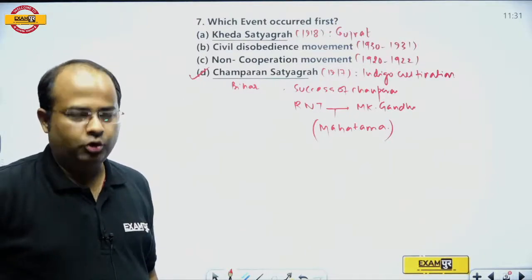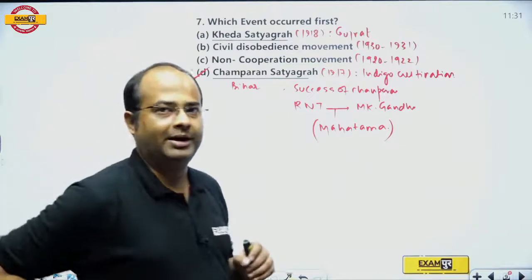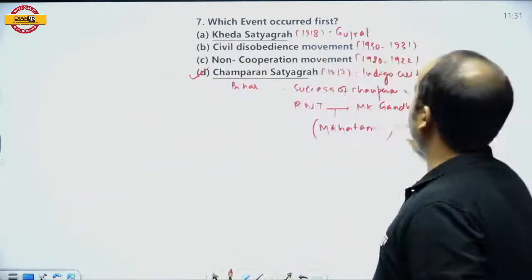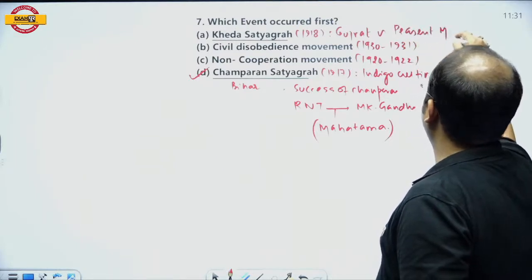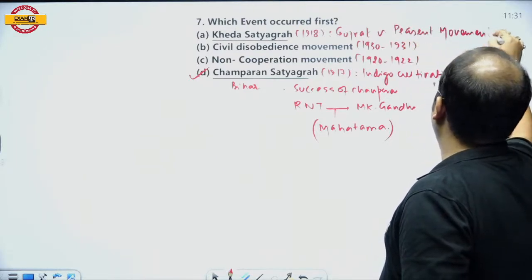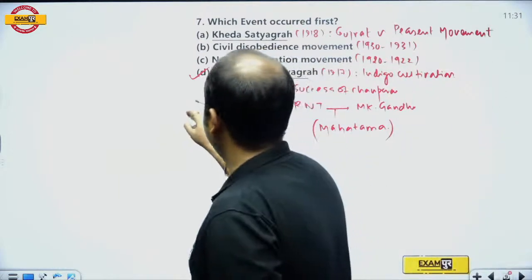Kheda was a peasant movement. You should note it down, guys. It was a peasant movement, and Ahmedabad was for cotton mill workers.